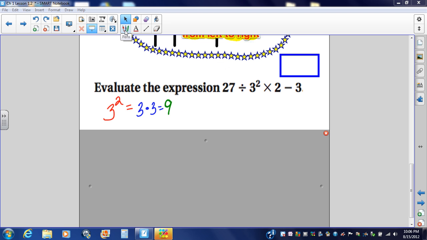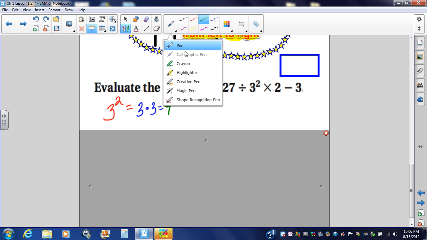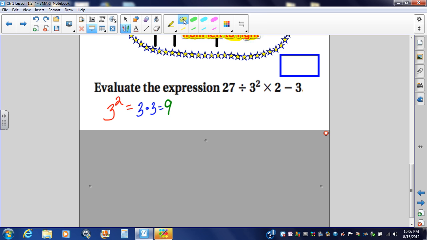Alrighty guys, please write the expression 27 divided by 3 squared times 2 minus 3 on your paper. First thing I'm going to do, I don't have any parentheses, I have exponents, so I'm going to do my exponents first. 3 squared means 3 times 3, which gives me 9.